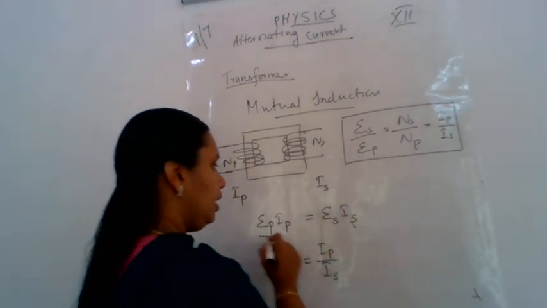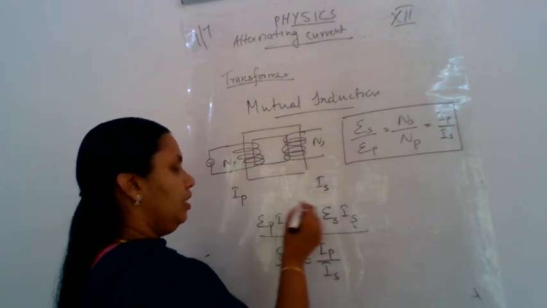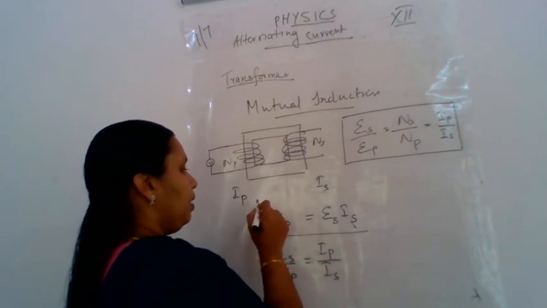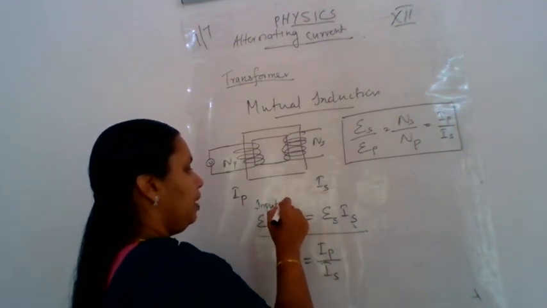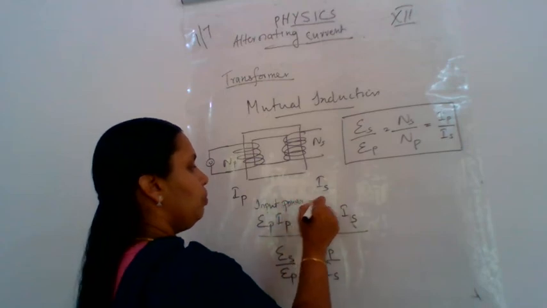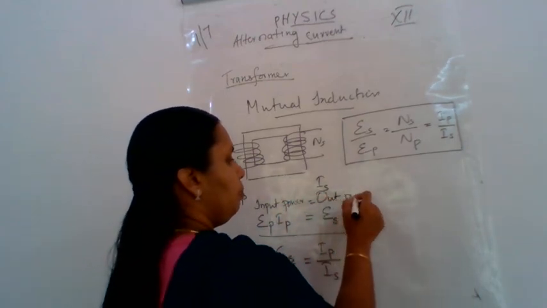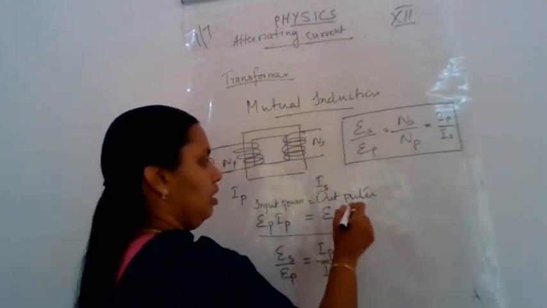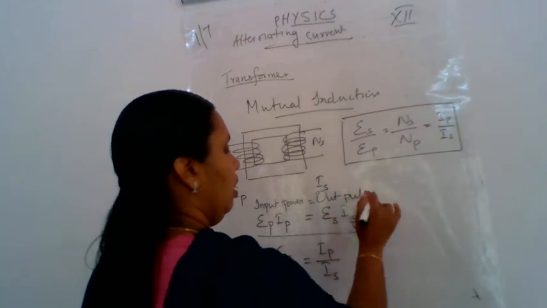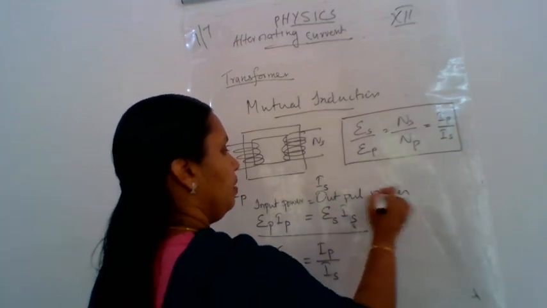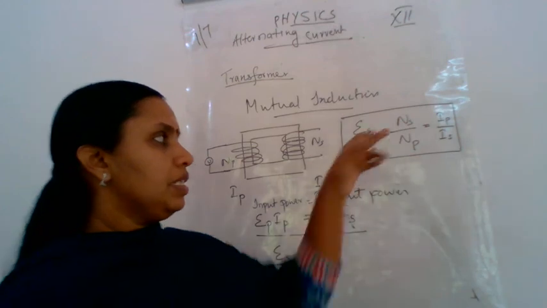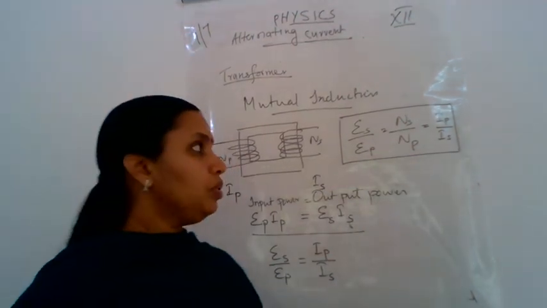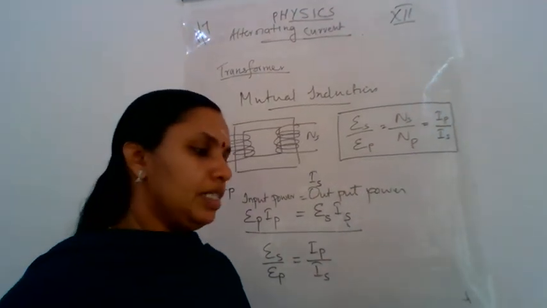Here we are taking the case of an ideal device, that is, input power is equal to output power. So ES by EP is equal to NS by NP is equal to IP by IS.